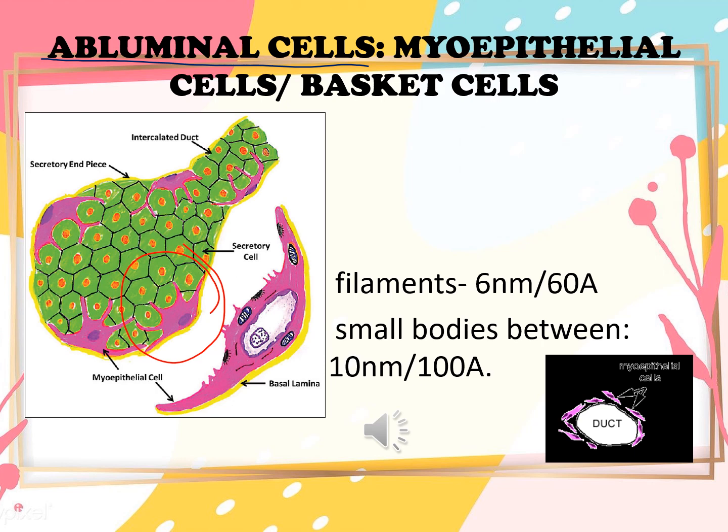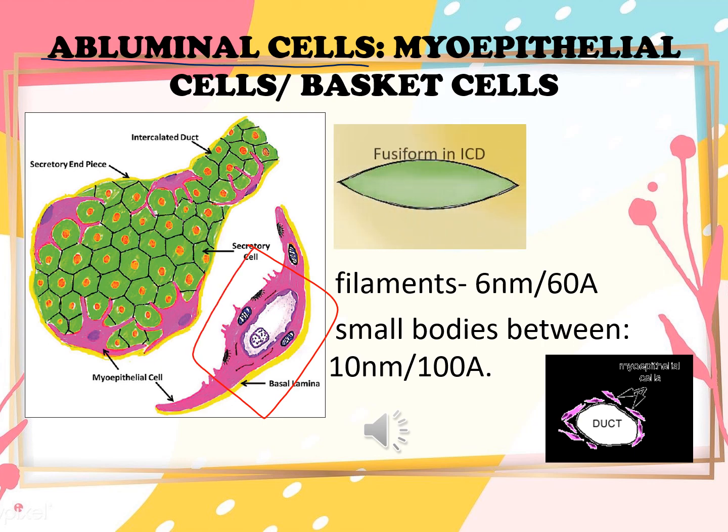Now coming to the structure and shape of myoepithelial cells, for easy understanding, it can be divided into two parts. First is the stellate or fusiform shaped cell body, and the second is its cytoplasmic extensions. Now, the myoepithelial cell extends around the secretory end pieces and the intercalated duct.